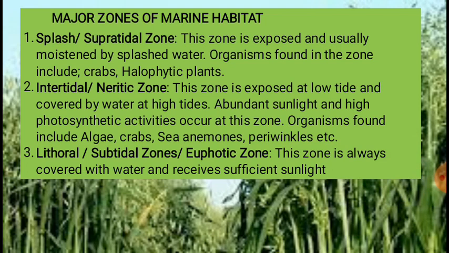Organisms found include algae, crabs, sea anemones, periwinkles, etc. Number 3, we have the littoral or subtidal, which we can also call the euphotic zone. This zone is also covered with water and receives sufficient sunlight.